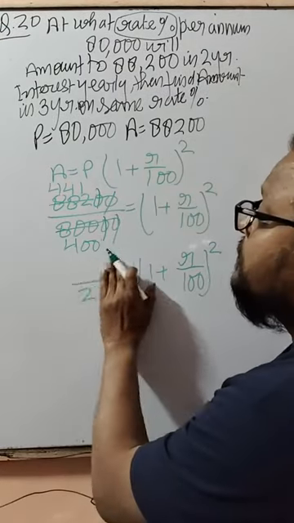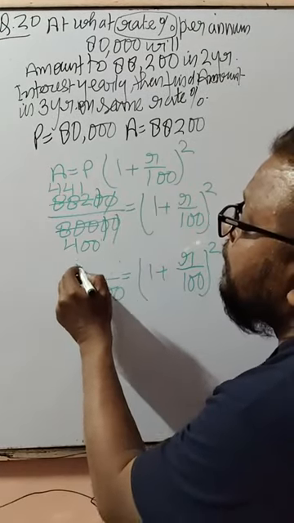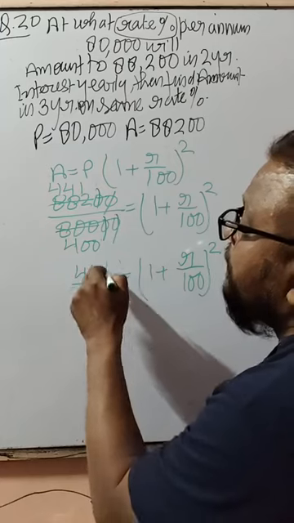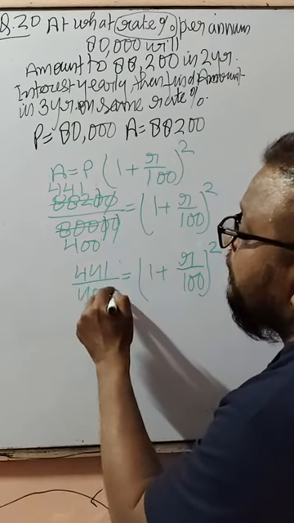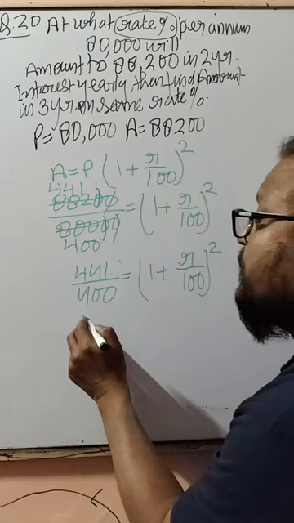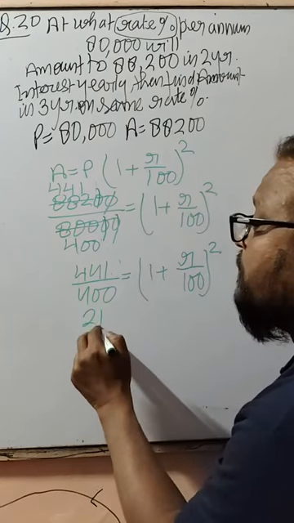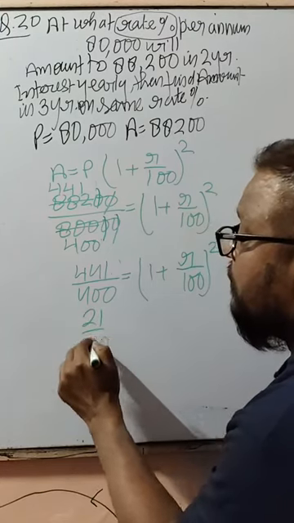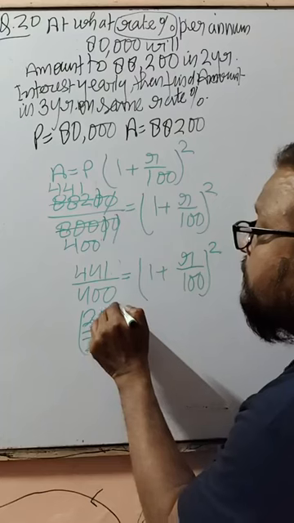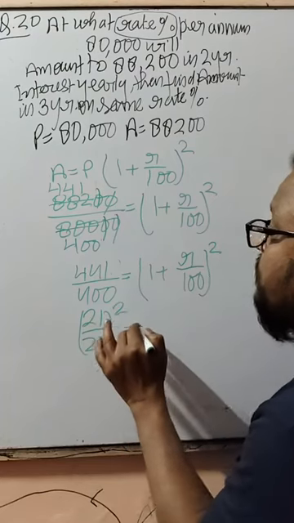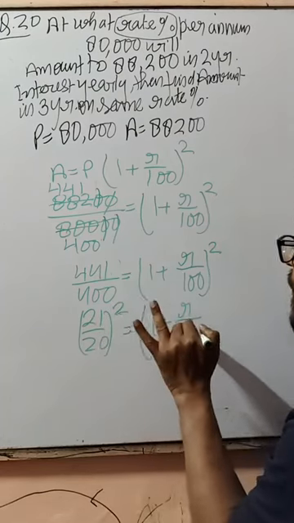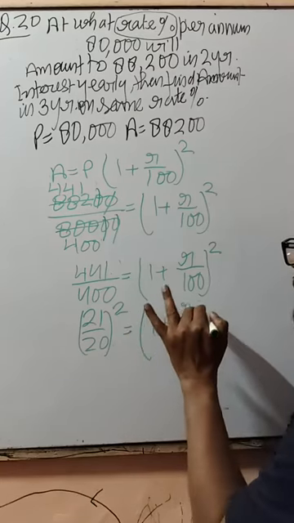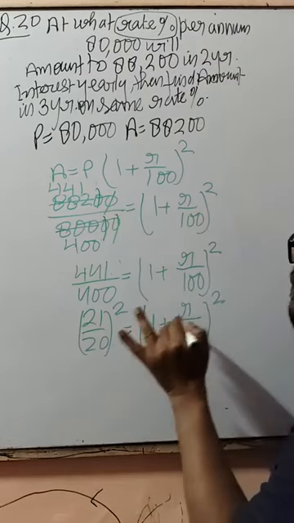Right? So it will come 441 upon 400. So we take here 21 upon 20 whole square is equal to 1 plus R upon 100 raised to the power 2.